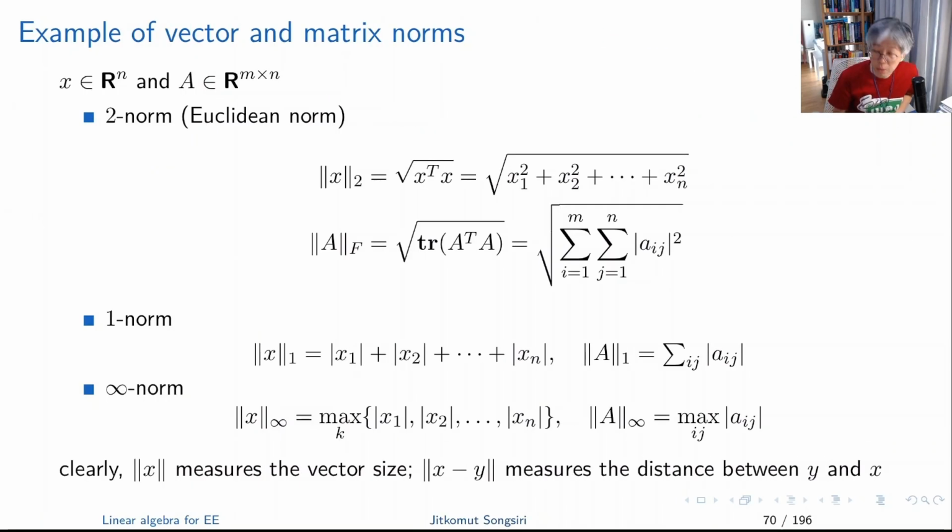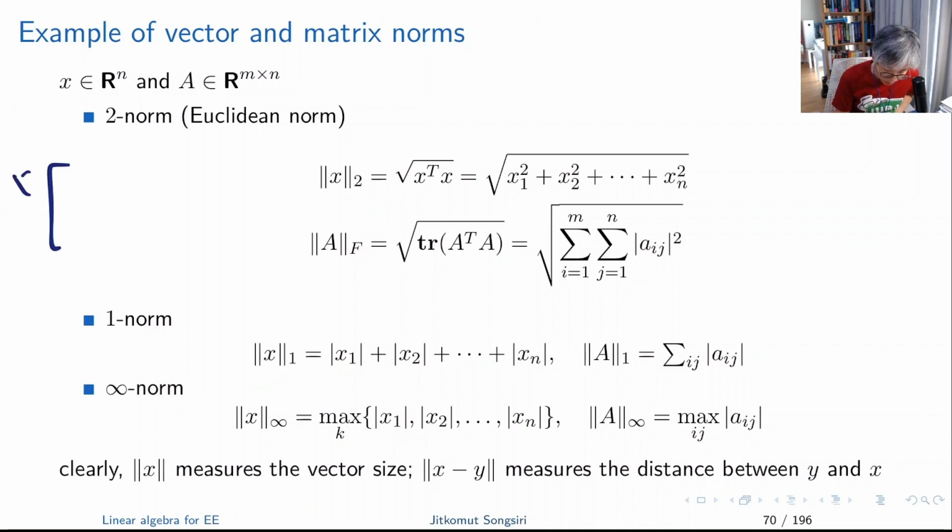So what I'm going to show here is examples of norms. These are all expressions that you already know from applications. For example, the Euclidean norm is the sum of squares, then take the square root. The one norm is a sum of absolute values. The infinity norm is the max of absolute values.